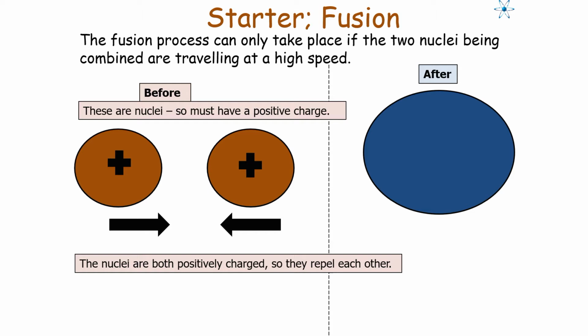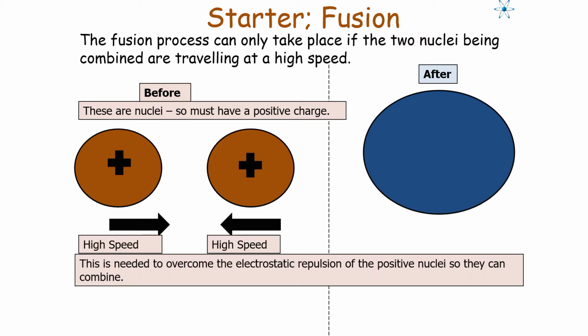Both of these particles are nuclei, so they both have a positive charge, because all nuclei are positively charged. Because they're both positively charged, they will repel each other. So we need both nuclei to have a high speed to overcome this electrostatic repulsion of the two positive nuclei, so they can combine together to form one large nucleus.